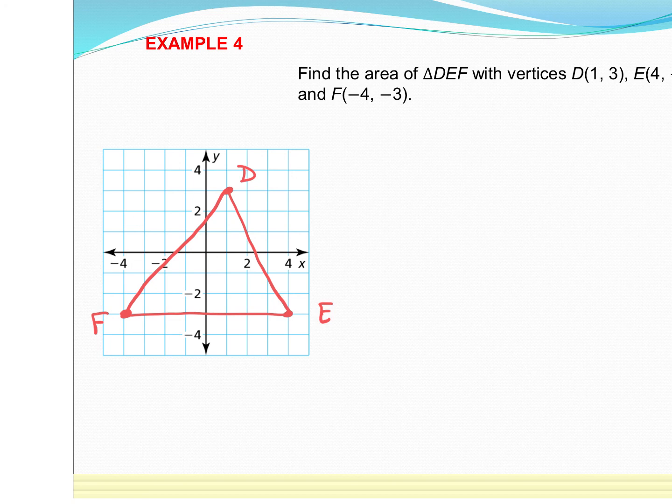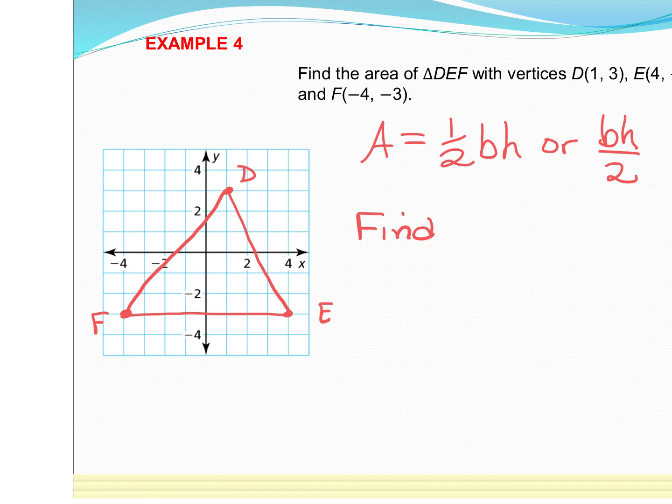So again, just to review, the area formula: 1/2 base times height, or base times height divided by 2. So obviously we need to find the length of the base and the length of the height. So the base of my triangle is this segment down here, FE.